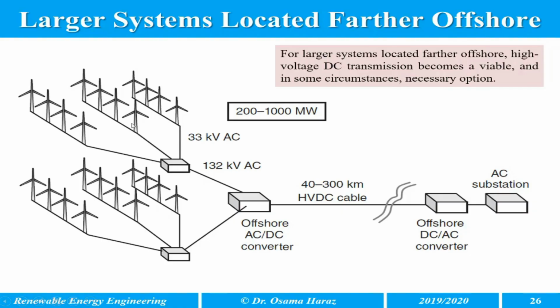You are going to use 30 kV AC, and then 132 kV AC until you reach the offshore converter, where you convert from AC to DC. You transmit it with a high voltage DC cable with a length of 40 to 300 kilometers until you reach the onshore. You convert from DC to AC with a converter and then you reach the AC substation.